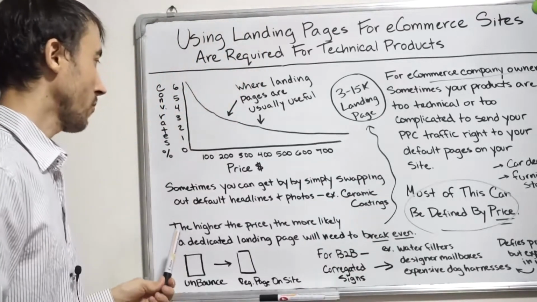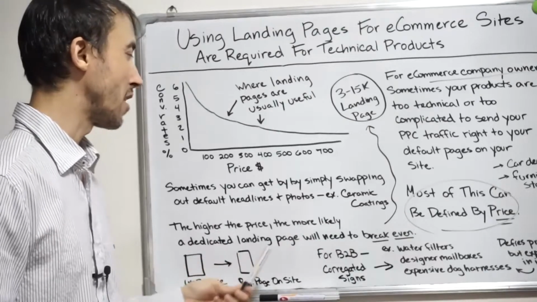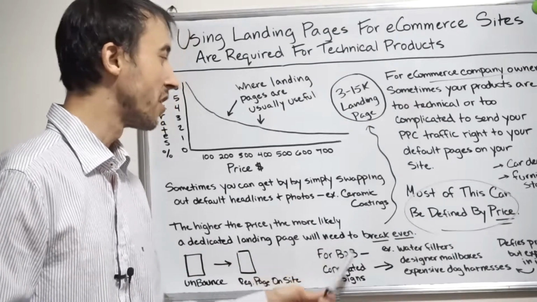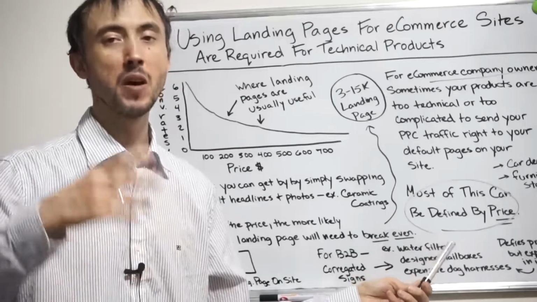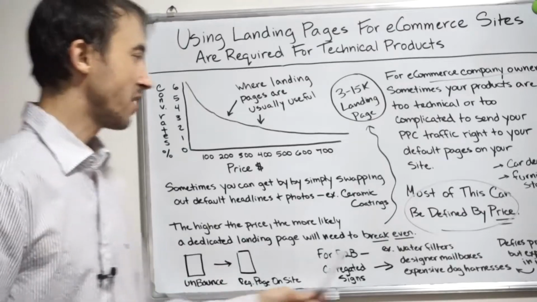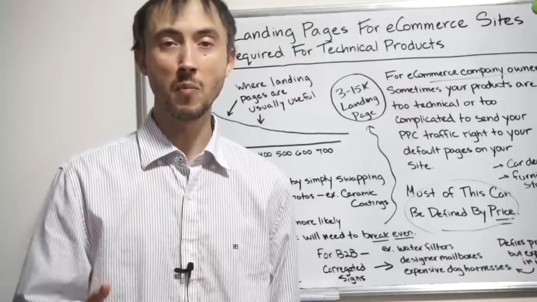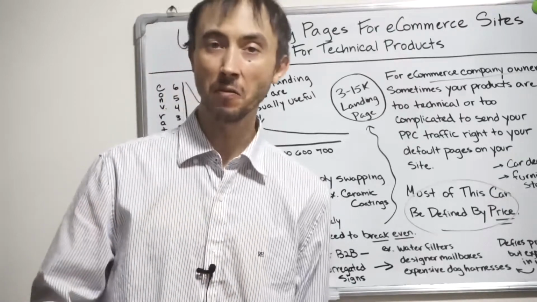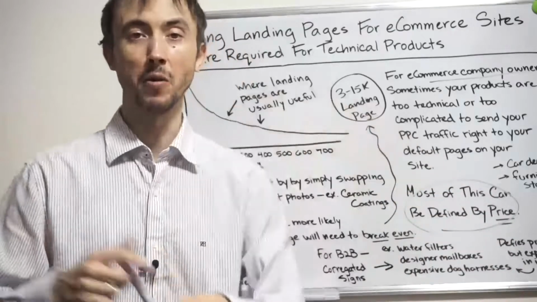Okay? So the higher the price of your item, the more likely a dedicated landing page will be required to actually just break even after all your expenses, the ad spend, the cost of goods, the delivery costs, all of that stuff. And I got several examples I'm going to give you of where we've done this in the past and where it made the difference of going from not profitable to profitable.